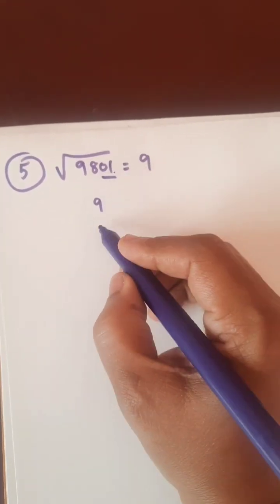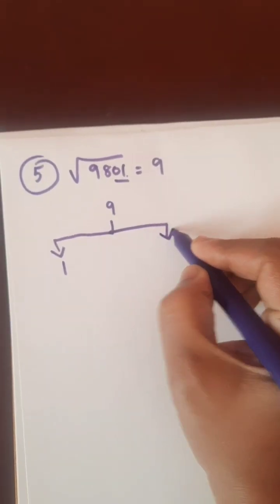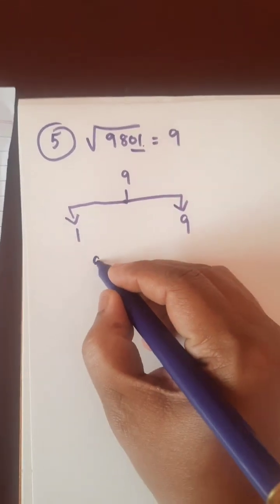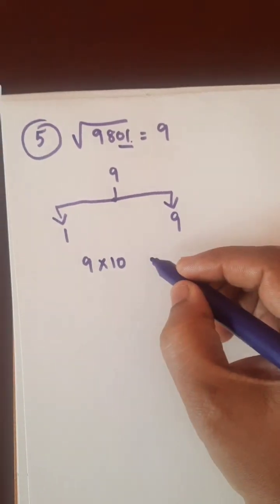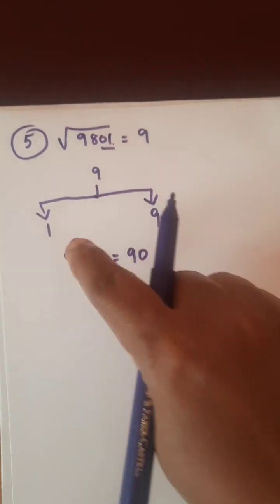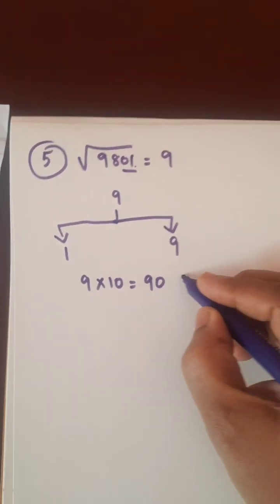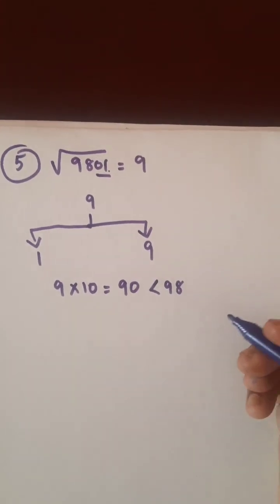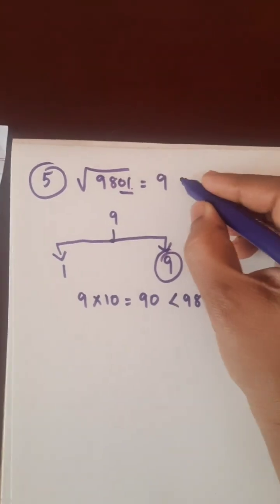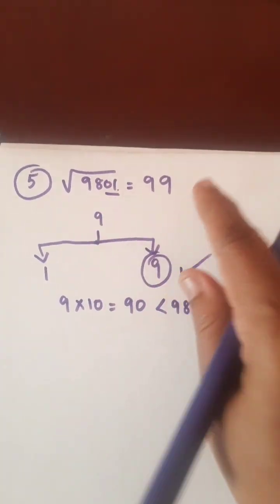The last digit is 1, so it will end with 1 or 9. Multiply this 9 with its next number, 10. 9 into 10 is 90, which is lesser than 98. That means we go for the higher option, that is 99. So the square root of 9801 is 99.